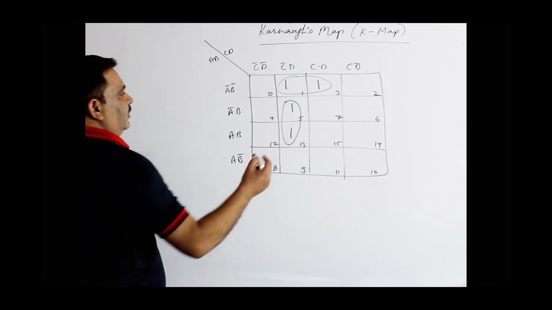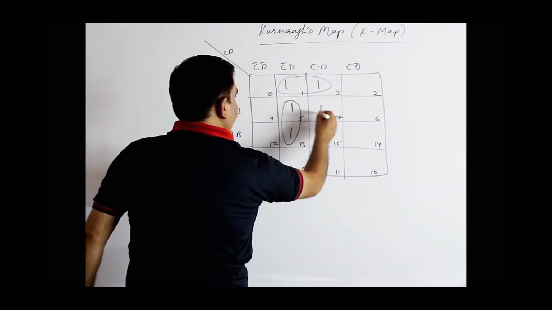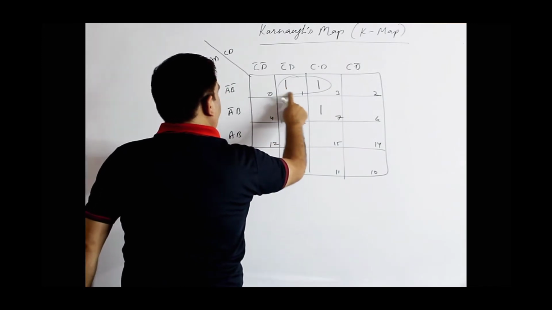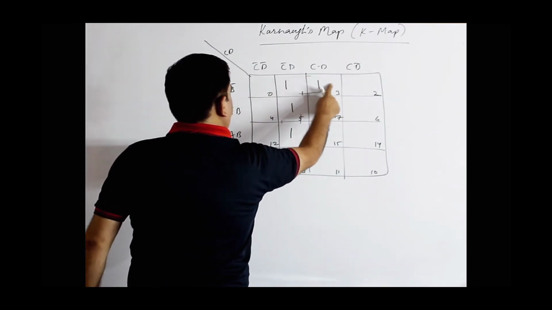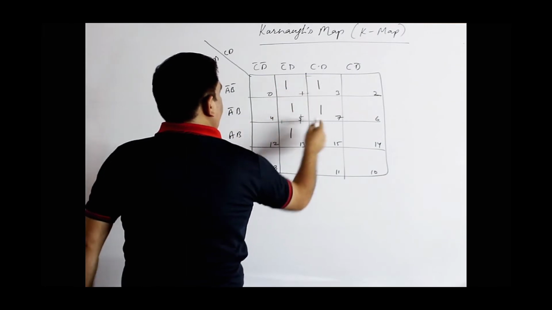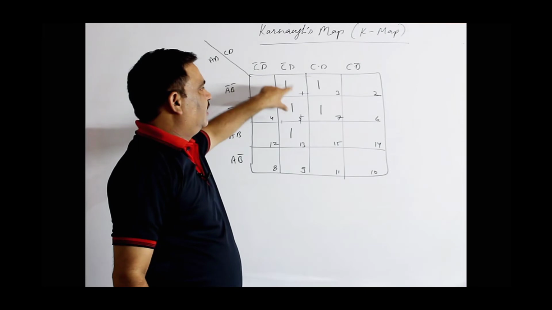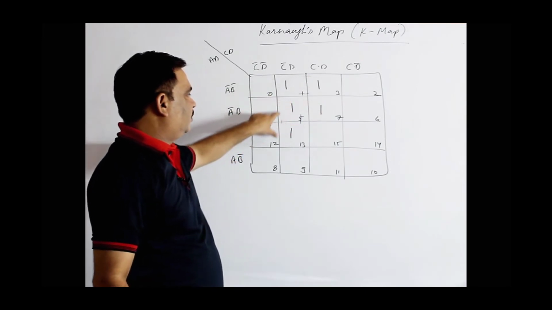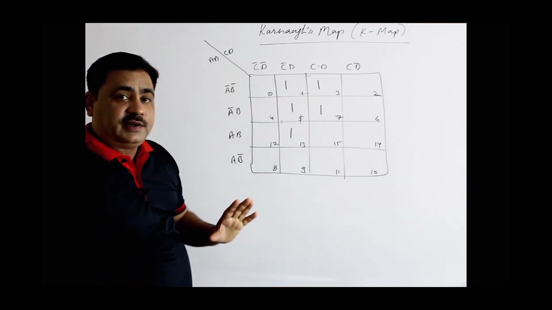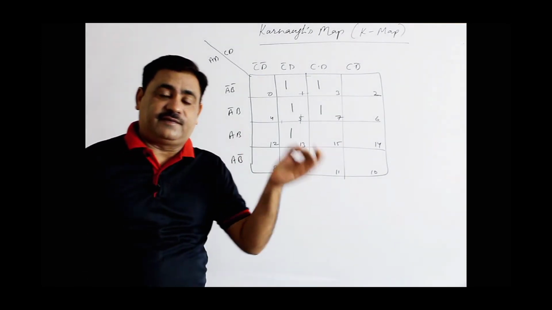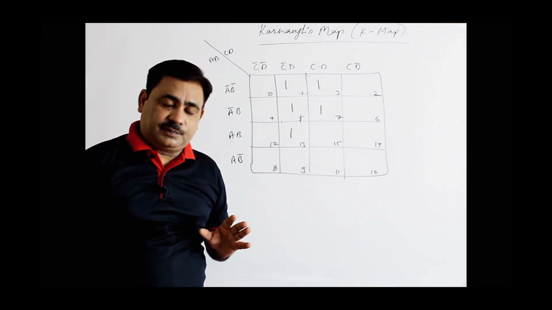So, do not take the redundant group. Okay, now if 1 is here, now you can form this pair, this pair, this pair and this pair, but always give preference to the octet, then quads, and finally to the pairs.